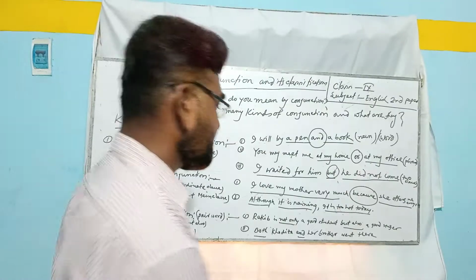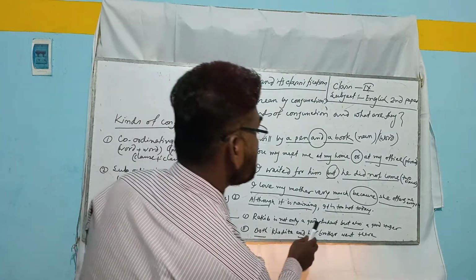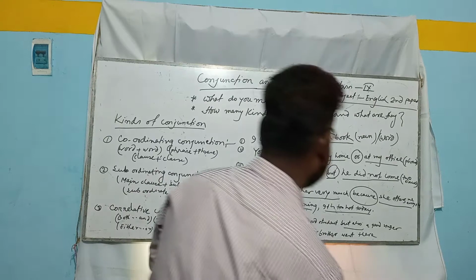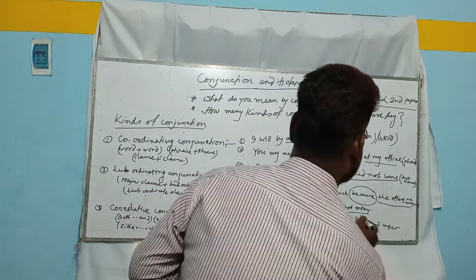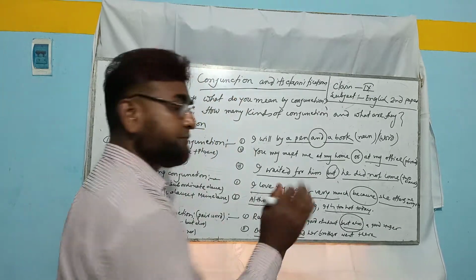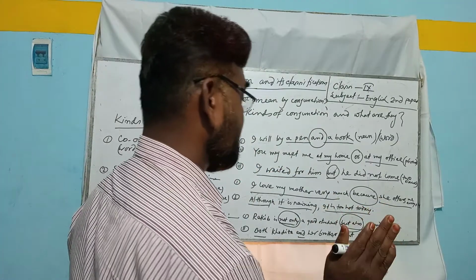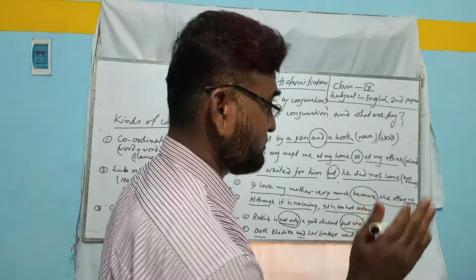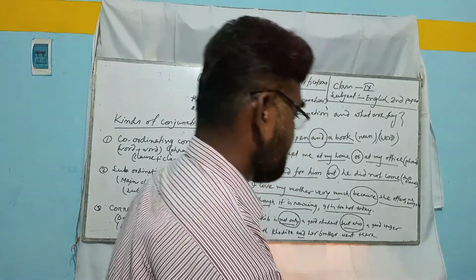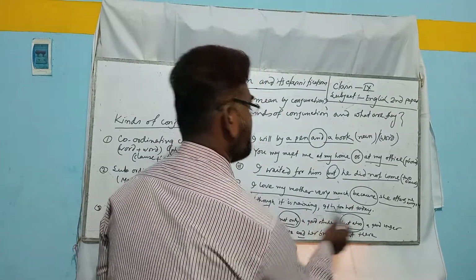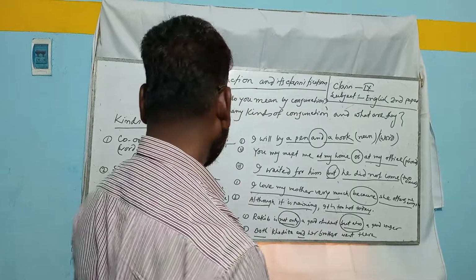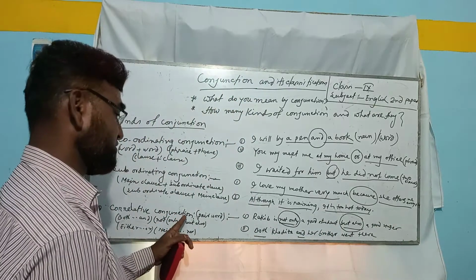If I write an example: Rakib is not only a good student but also a good fellow. Here, 'not only' and 'but also'. When such conjunctions are used in a sentence, it is called a correlative conjunction.